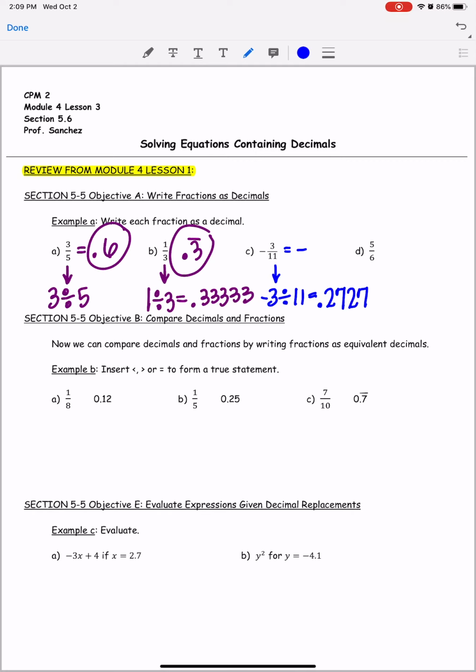So when you write this, you have your 27, and because both of these are repeating back and forth, you need a line over both of those. Not just one or the other is repeating, both of them are repeating.